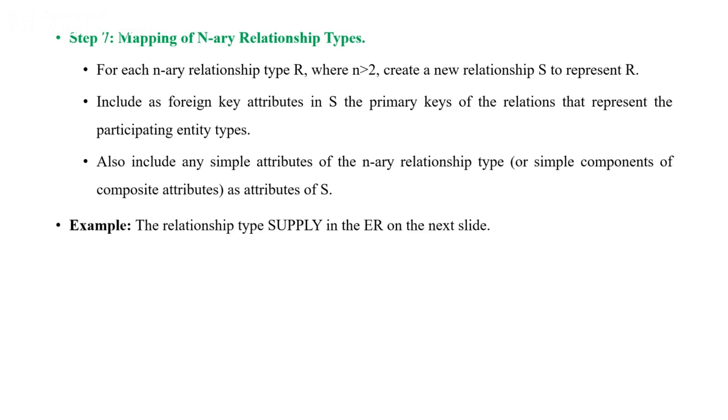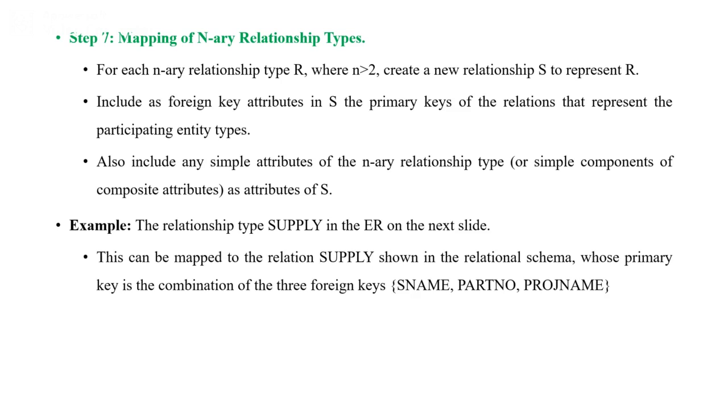For example, you can see in the example how these N-ary, or greater than 2, relationship types are mapped, as well as how we represent the primary key and foreign key constraints for this relationship type. The relationship type supply is in the entity relationship diagram, which you can see in the next slide, and based on that I will explain here.